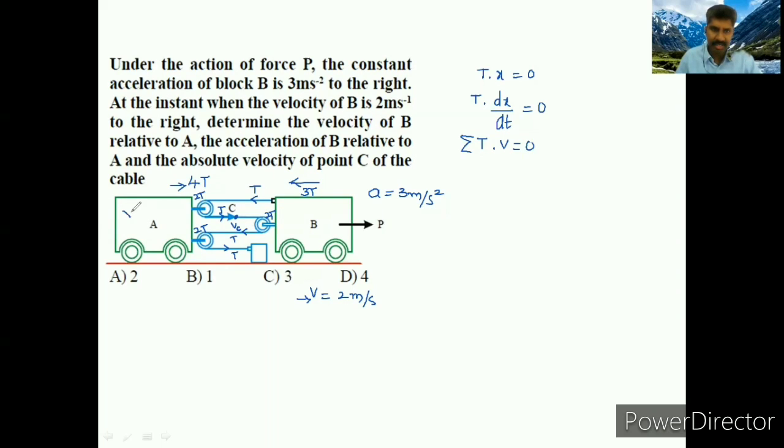Now I will write the velocity of block A as VA, which I am writing as V. Now the VB value they gave is 2 meter per second.